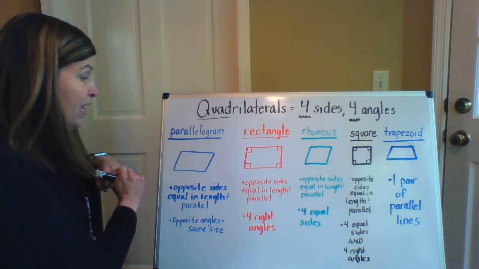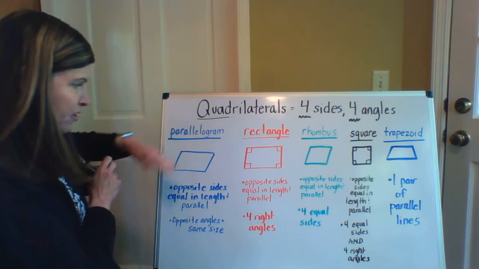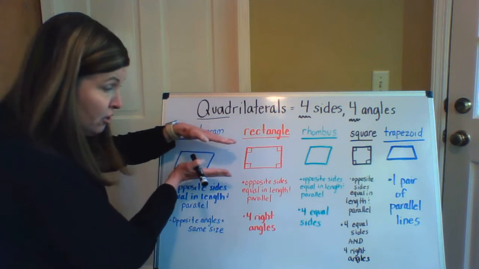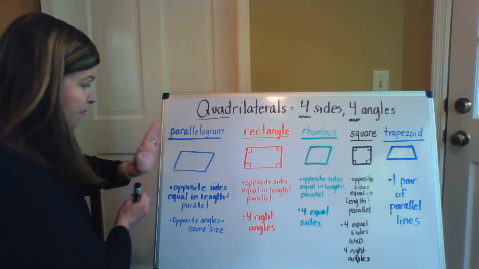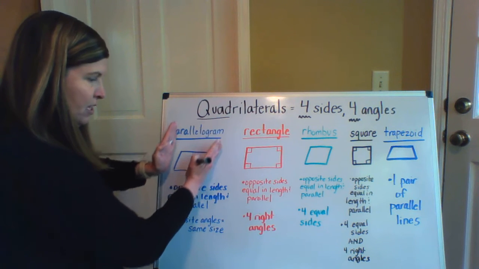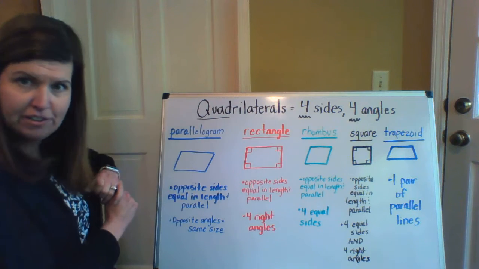It also says that the opposite sides are parallel to each other. So this line and this line are parallel. If they continue to travel, they would never cross. And this line and this line are parallel to each other. If they continued on, they would never cross each other.